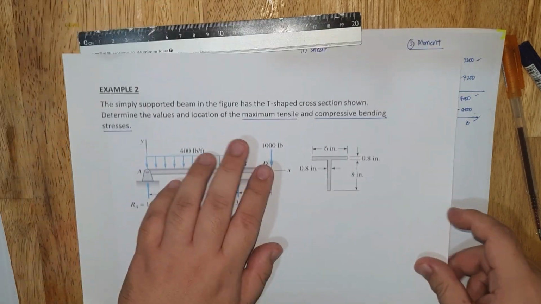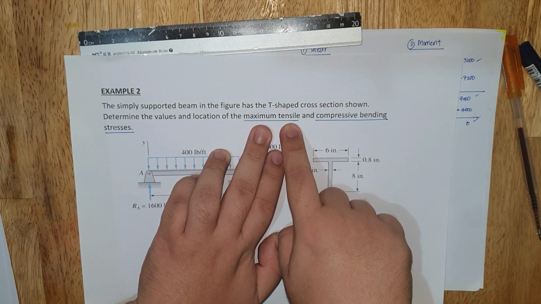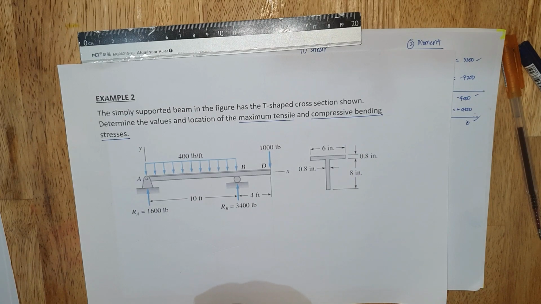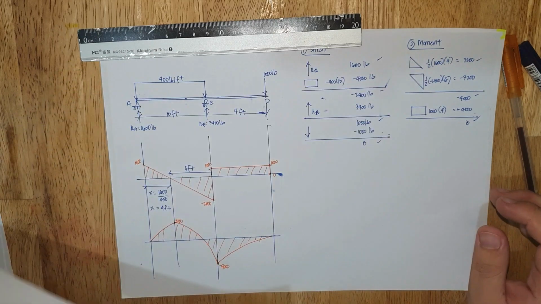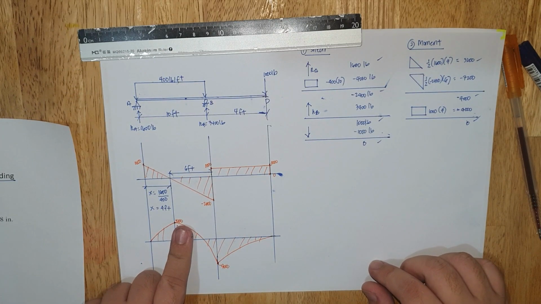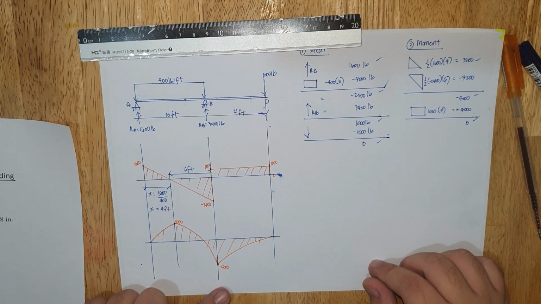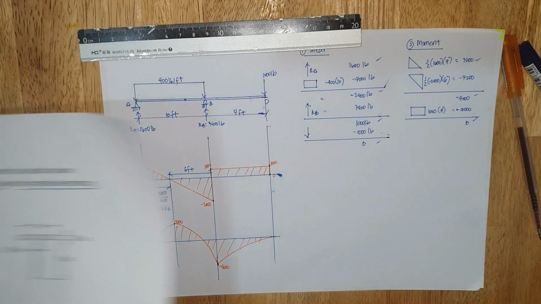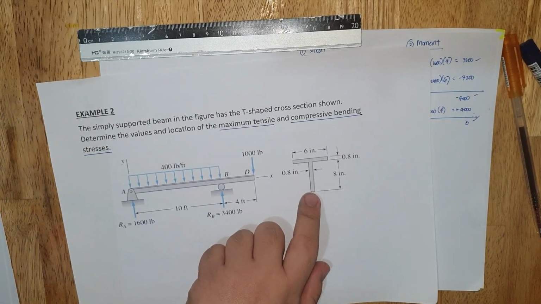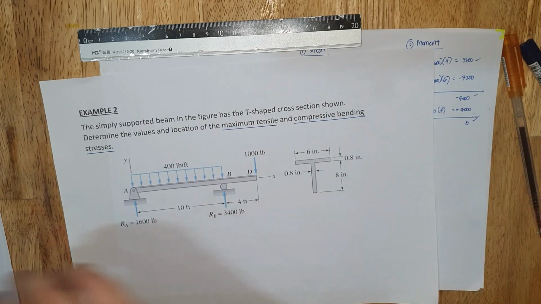Kung maximum tensile yung pinapahanap sa atin, ano dapat yung gagamitin natin moment value? So maganda i-check na lang natin both, no? Okay, so ibig sabihin yung 3,200 pound feet tsaka negative 4,000 is magagamit natin parehas. Pero para magamit natin yan, kailangan natin yung value ng inertia muna nitong T-section na to.